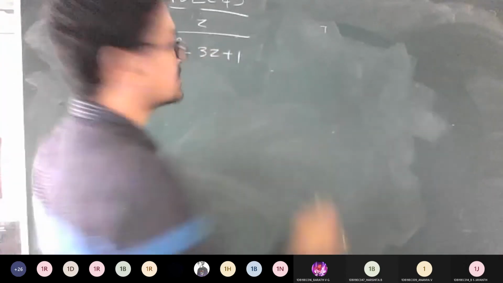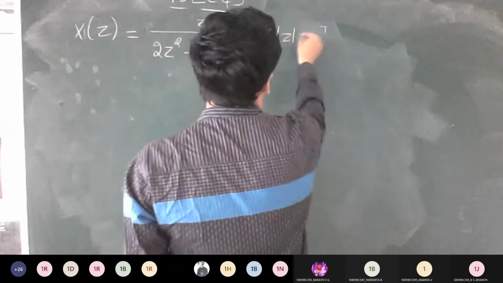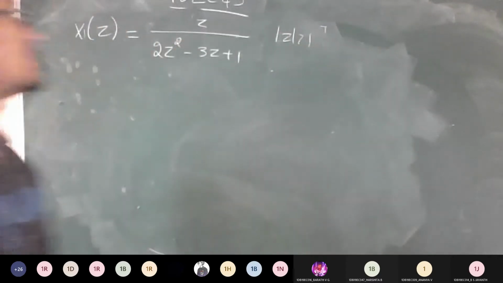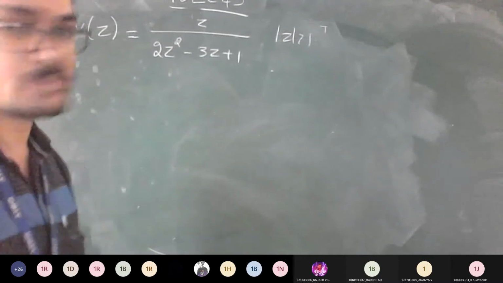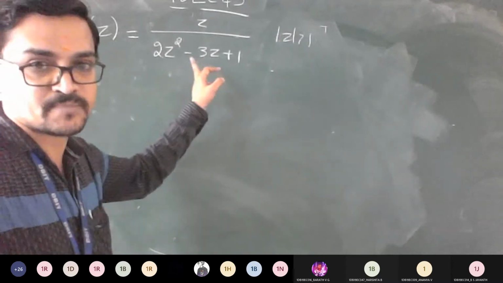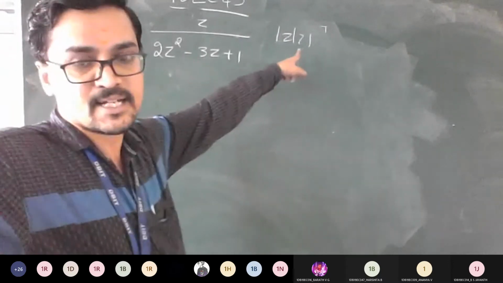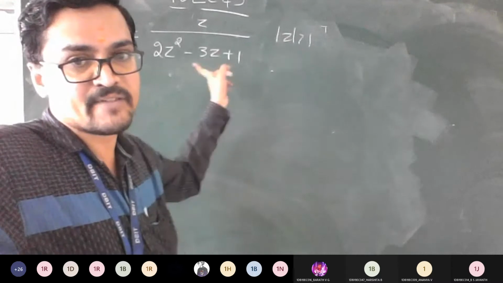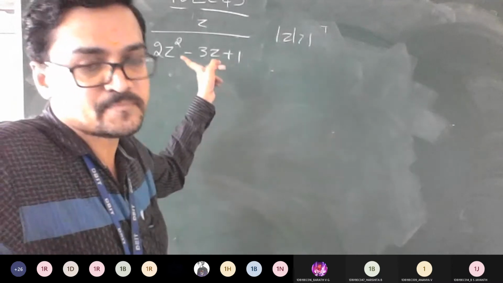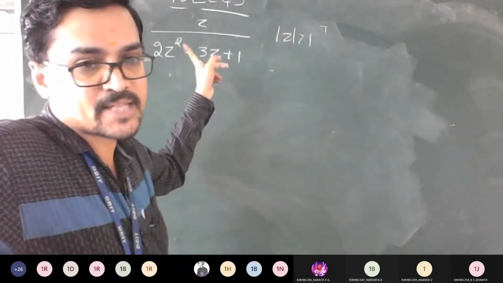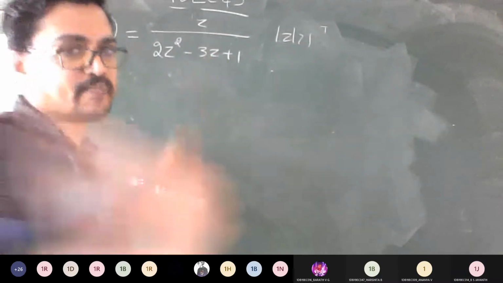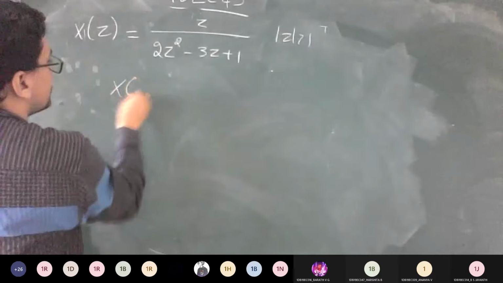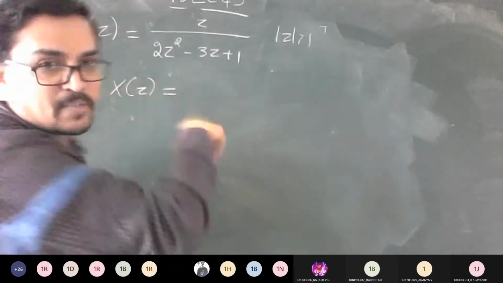The condition is z greater than 1 only. Okay, solve this. Whenever you see such a question, this is the condition, it says greater than 1. It means I should have z inverse everywhere. Agree? So how to convert this to inverse now? I need to simplify this to inverse, then only I can apply my long division.